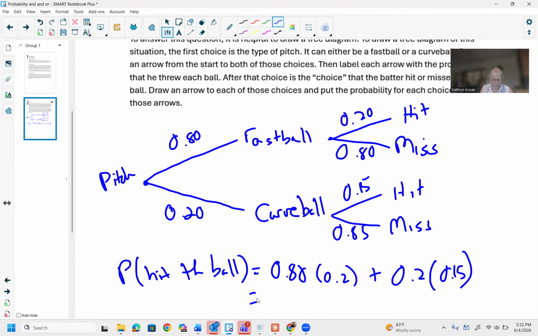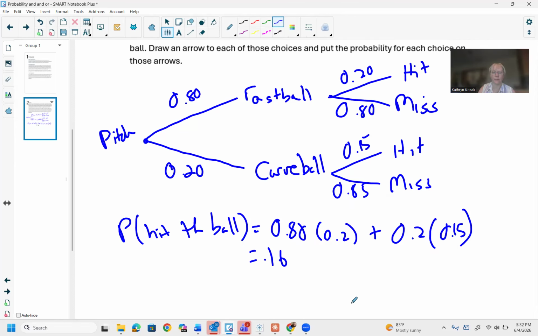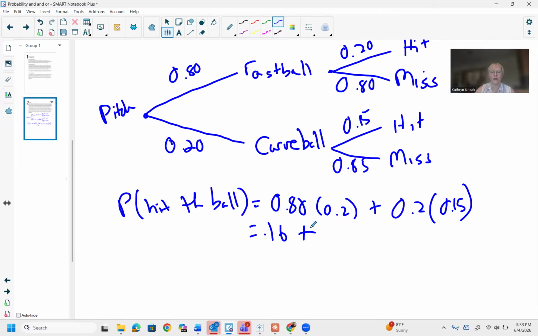And that multiplication is going to be 0.8 times 0.2, which is 0.16, plus 0.2 times 0.15, which is 0.03, is equal to 0.09.